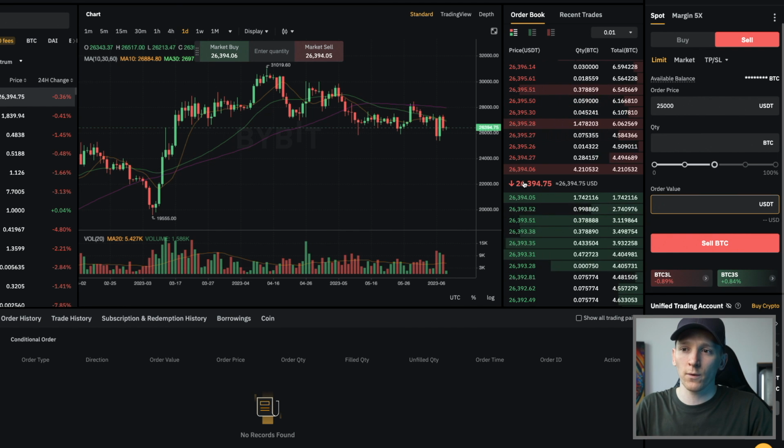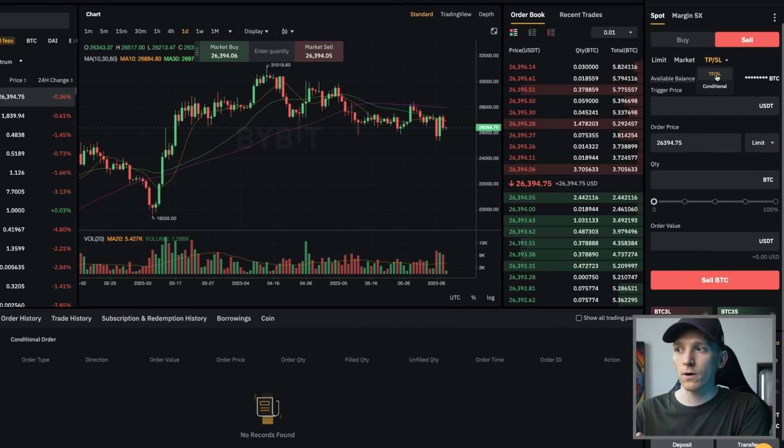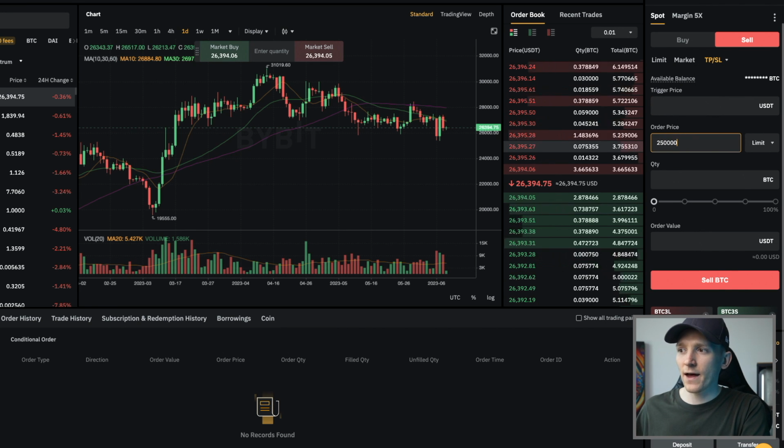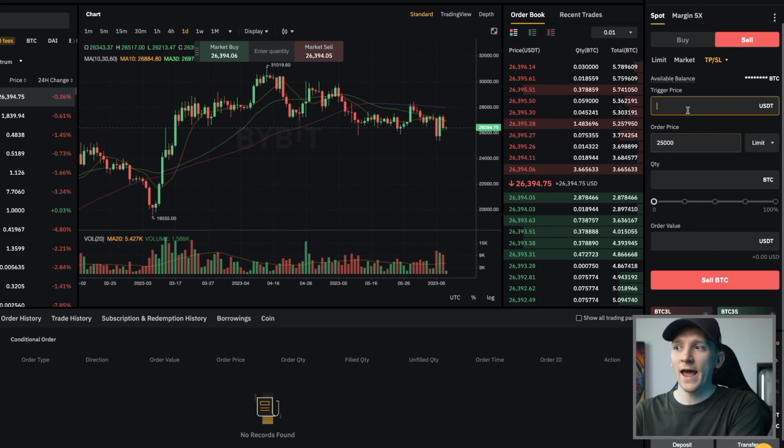That's the worst price that I want to get, and it's currently 26. With a stop loss, what you're saying is at 25,000, then enter an order. So 25,000 is the trigger price, and the order price is 25,000. So it actually won't sell, or it won't create the order until the trigger price is met.